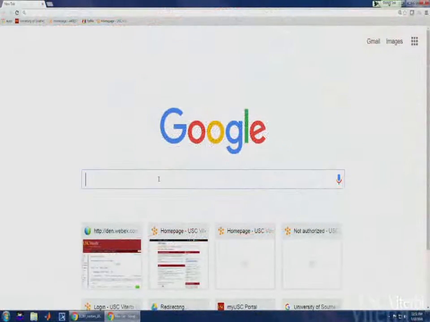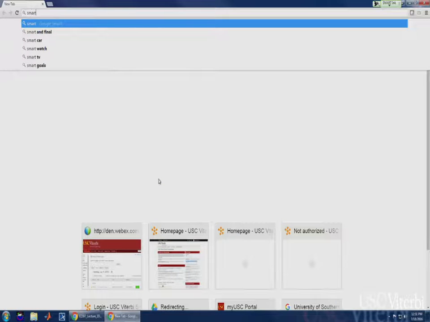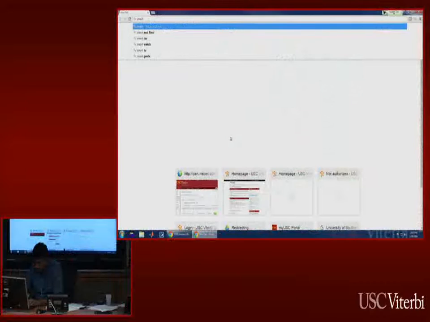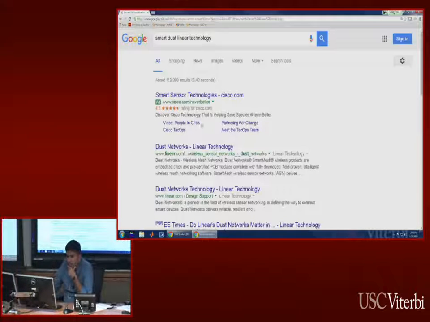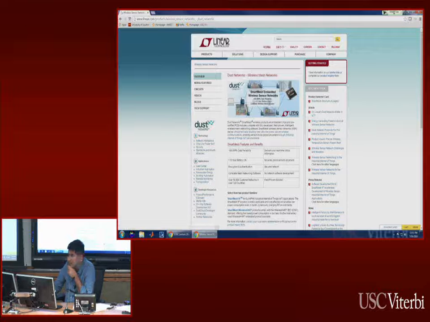So as an example of these wireless sensor networks, I know it's been acquired now, but I think it'll show up if I did this. So here is a company called Linear Technology that sells a product for wireless sensor networks and has developed this over many years.